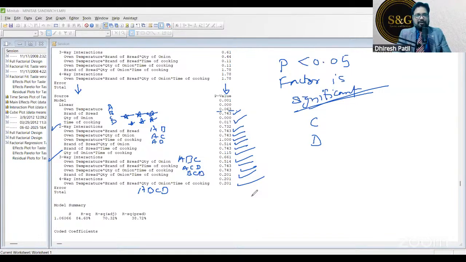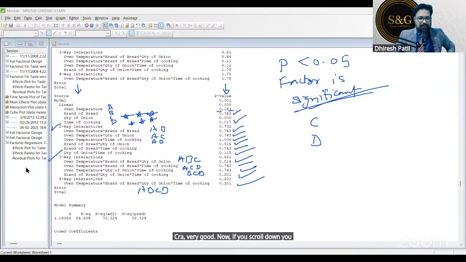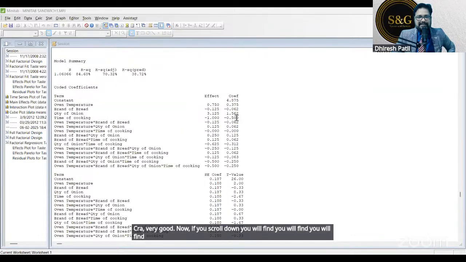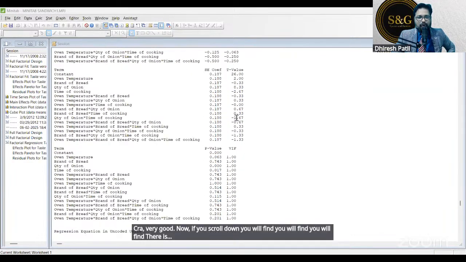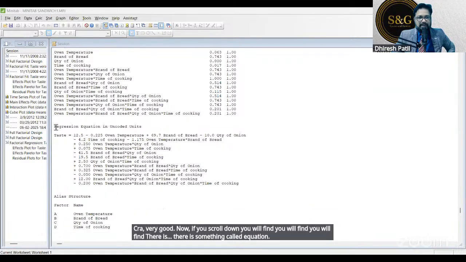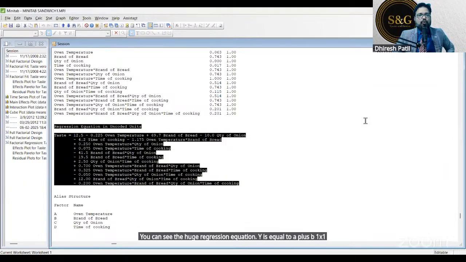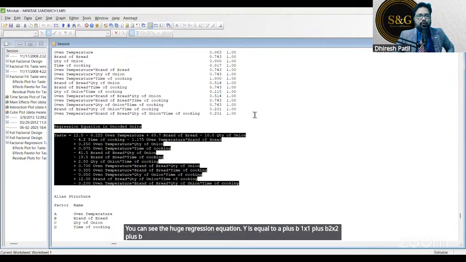Now if you scroll down, you will find something called equation. You can see the huge regression equation. Y is equal to a plus b1x1 plus b2x2 plus b3x3, and a huge equation including main effect, one way interaction, two way interaction, four way interaction, all combined into one big equation.